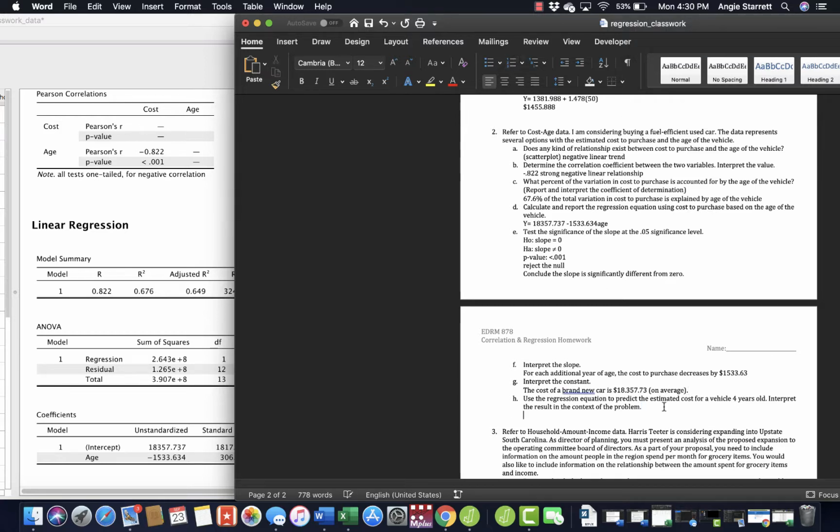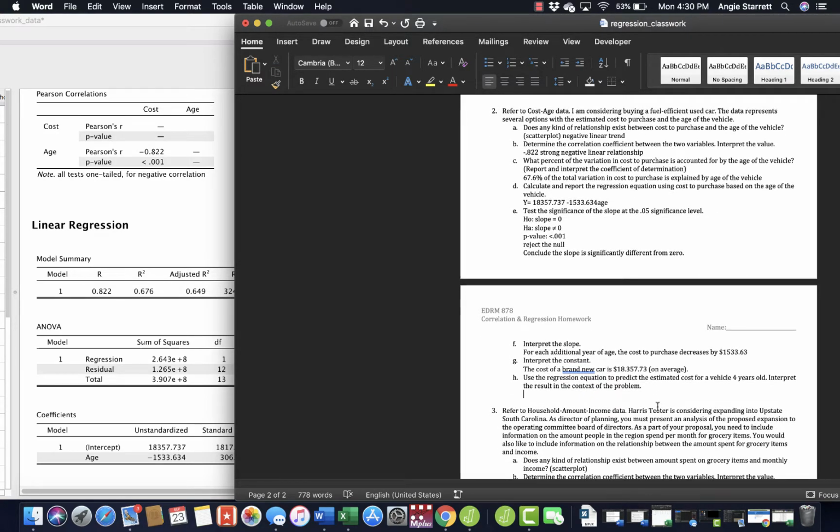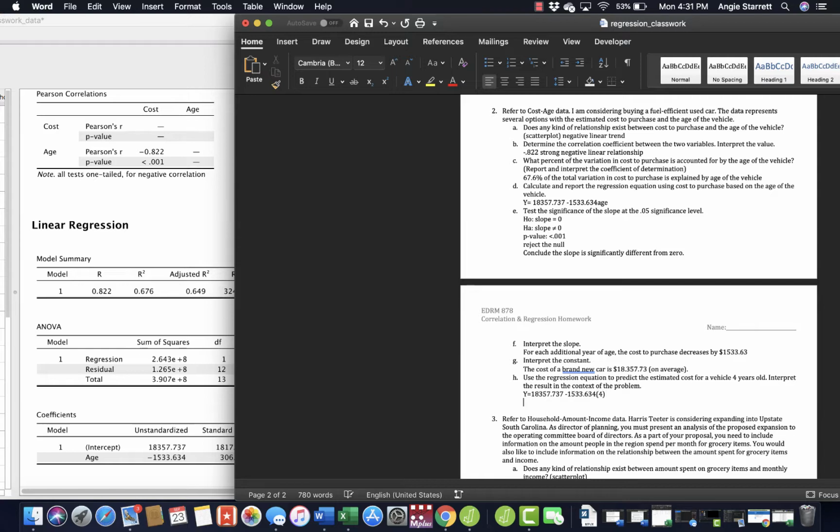All right, use the regression equation to predict the estimated cost for a vehicle 4 years old. So we have our equation, y equals 18,357.737 minus 1533.634 times 4 years old.